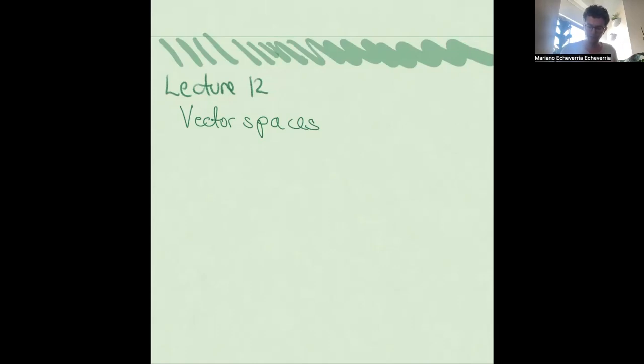So the way we would think about a vector space is like the following. V is usually the letter for a vector space, or in fact U, V, and W are the three most common letters for vector spaces.